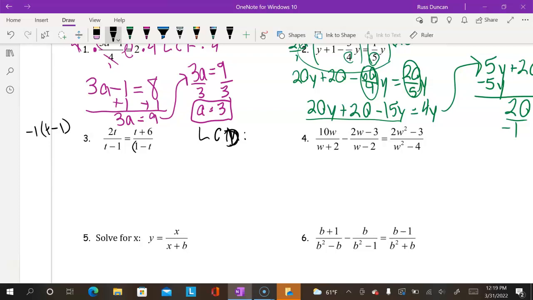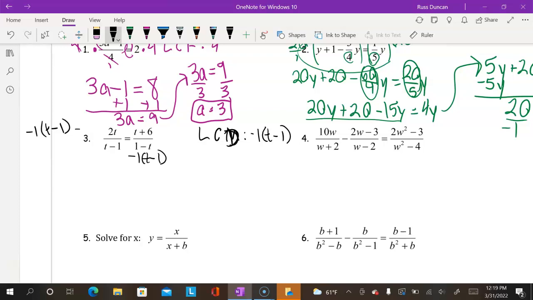Because if you redistribute this, you make the t a negative and the 1 a positive, and that's what you have here, a positive 1 and a negative t. So I can factor out a negative 1. So the least common denominator is negative 1 times t minus 1.